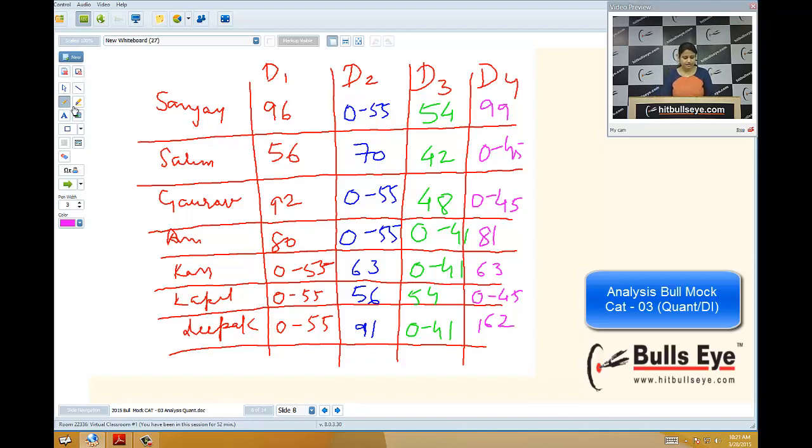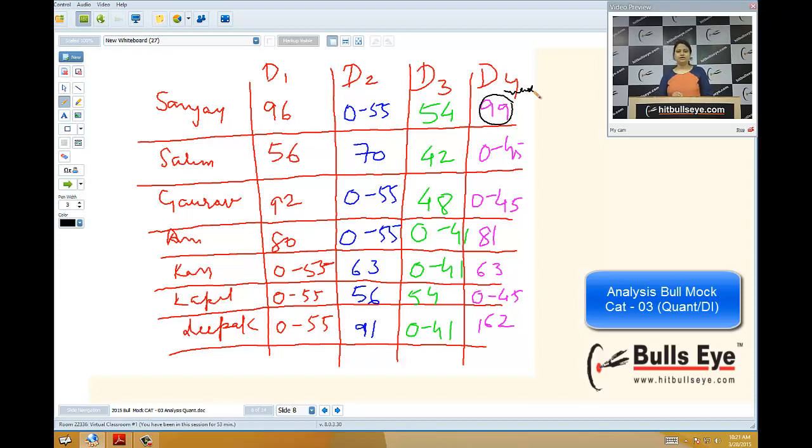Typing thing. Now see, what was sigma? Sigma was the average of the 2 middle quantities. What do you mean by middle quantities? You leave the maximum and minimum value. For example, for Sanjay, what is the maximum thing? This is maximum. And what is the minimum thing? We are getting 54 as well as 0 to 55.